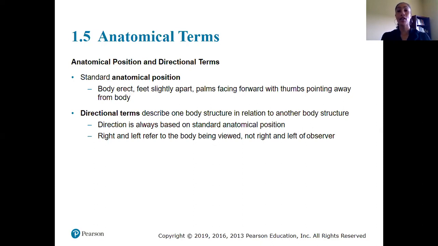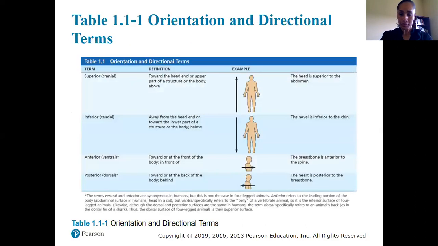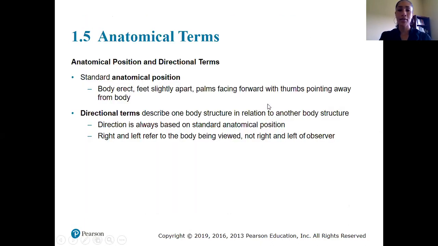That's the body being erect, feet slightly apart, palms facing forward, and thumbs pointing out away from the body at the sides. If you look at this diagram here, this is the anatomical position that we're talking about.